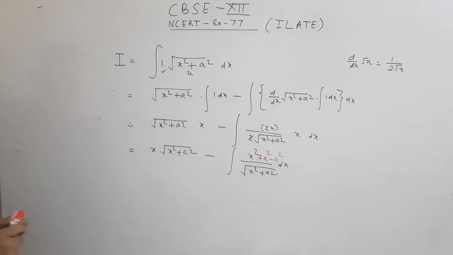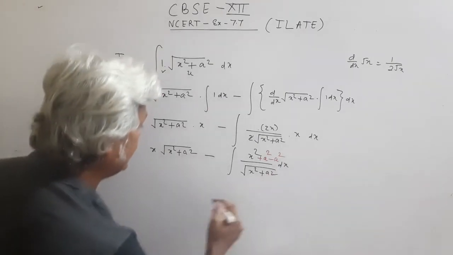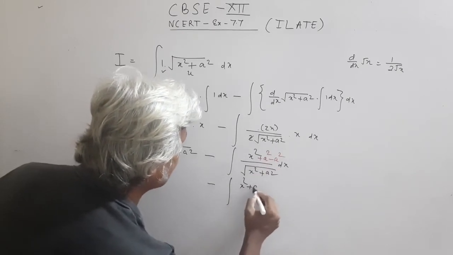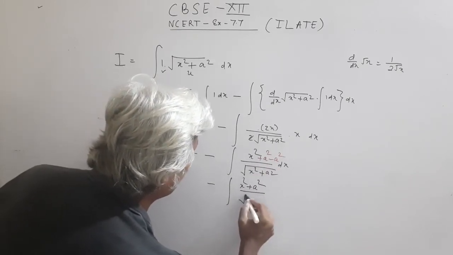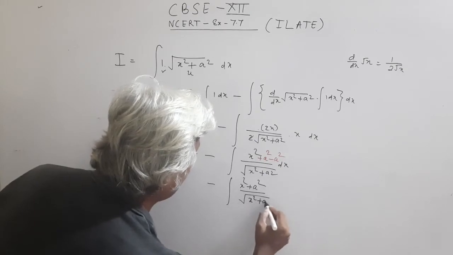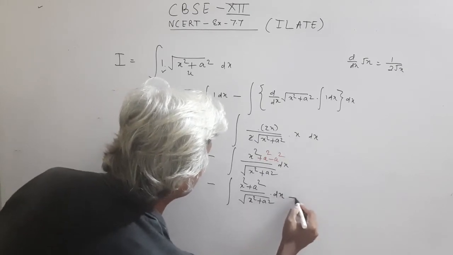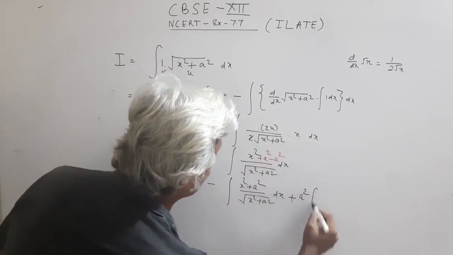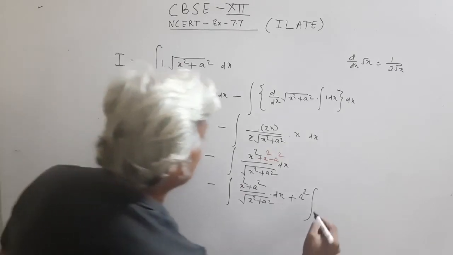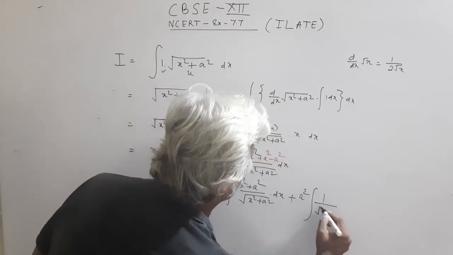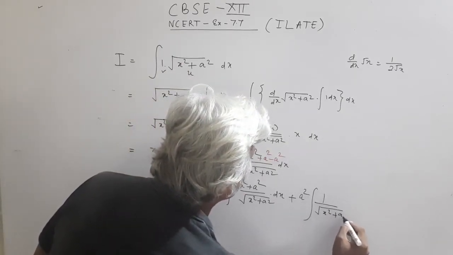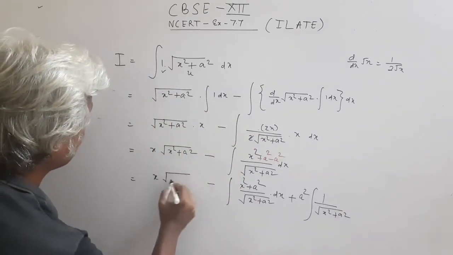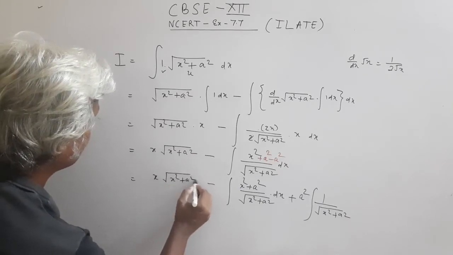Then what difference does it make? This splits your integral into two parts. That is, one is x square plus a square over under root x square plus a square dx, minus, and this minus makes it plus, a square, which I take common because a square is a constant, and there I'll get just 1 over under root x square plus a square. And this is x under root x square plus a square. This is your I.